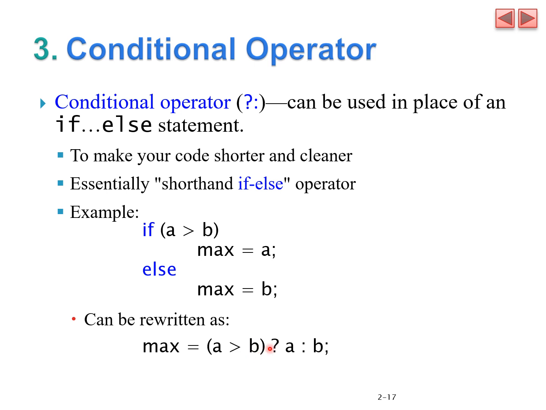And after the question mark, you put the expression that would be returned if the condition before the question mark is true. And then you put the colon, and then after the colon, you put the expression that could be returned if the condition before the question mark is false. Right? So this assignment statement is equivalent to this if-else statement, but it's shorter.